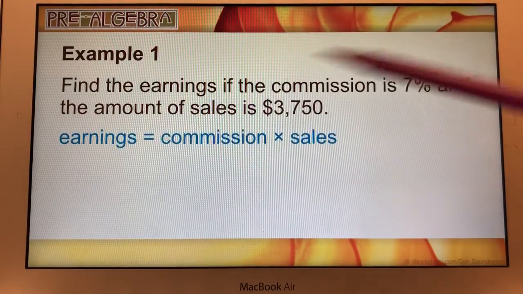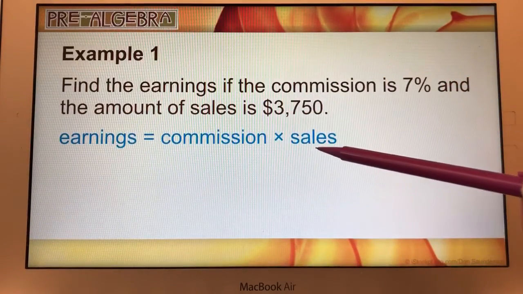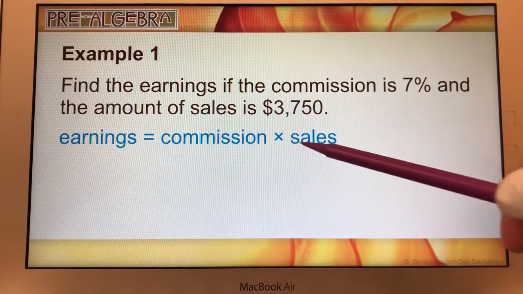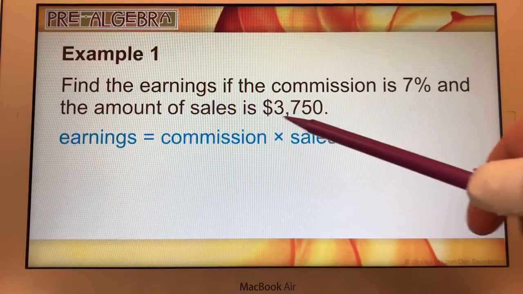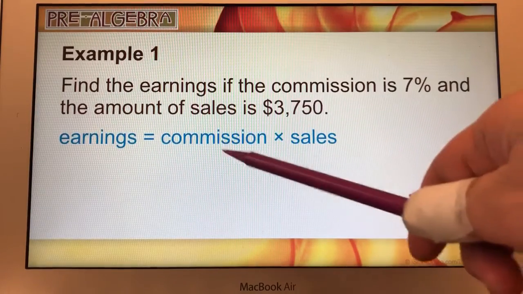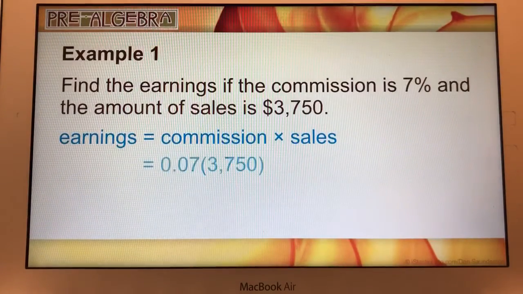All right, now earnings is equal to commission times the sales. Okay, so the commission times the sales. The sales amount was $3,750 times the commission. That's going to give the amount of earnings.